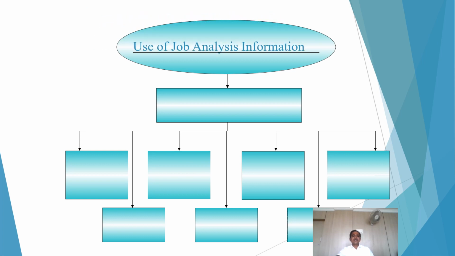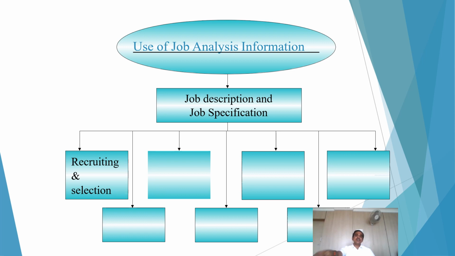This is actually the use of job analysis information. We have uses of both job description and job specification. First one is we need information for recruiting and selection of people. Both the job description and job specification are essential while we are going for recruiting and selection.